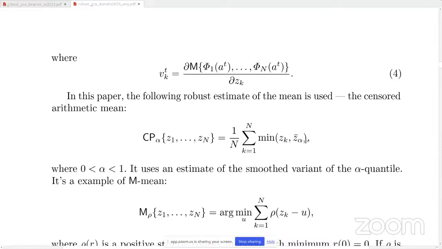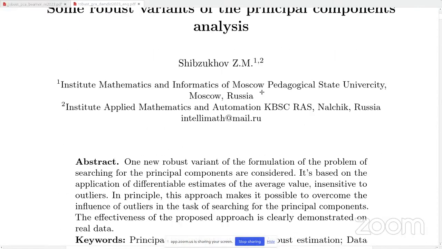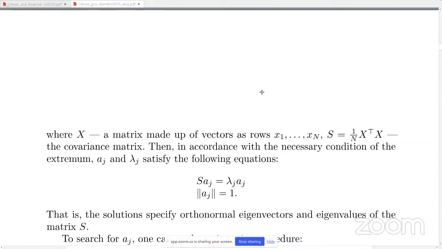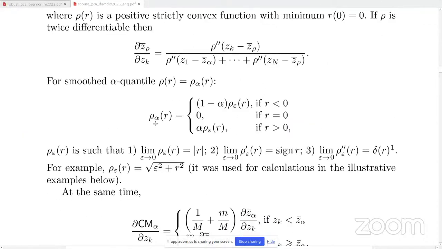We select the threshold value as the smoothed variant of quantile. Smooth quantile estimation can be defined using such a rho function.